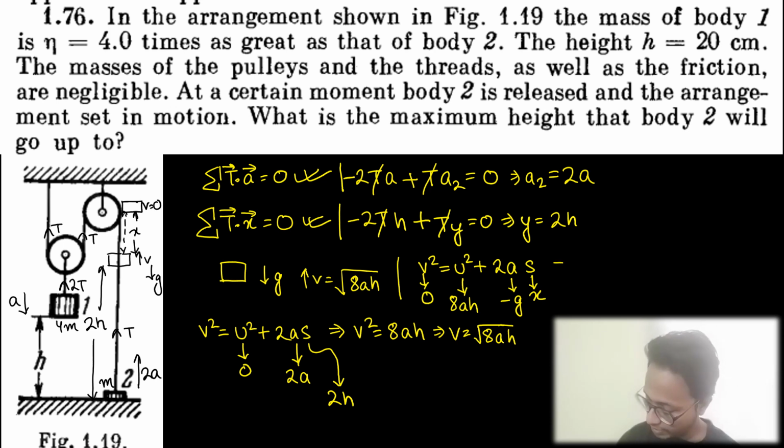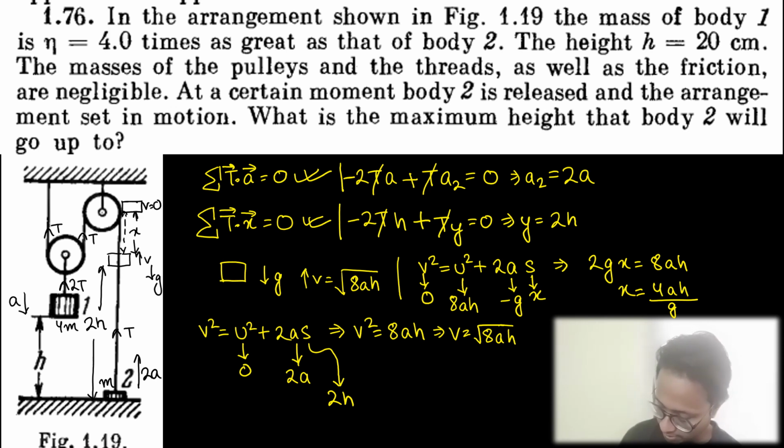If we solve this value, we get 2gx is equal to 8ah, or x is equal to 4ah by g. So out here x is equal to 4ah by g, where a is nothing but the initial acceleration of this block.